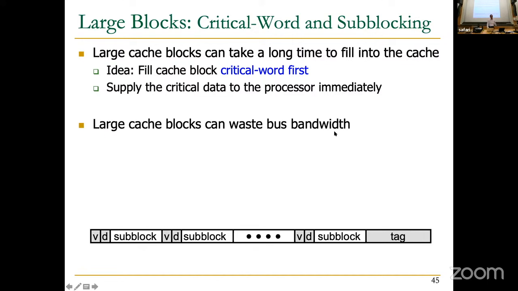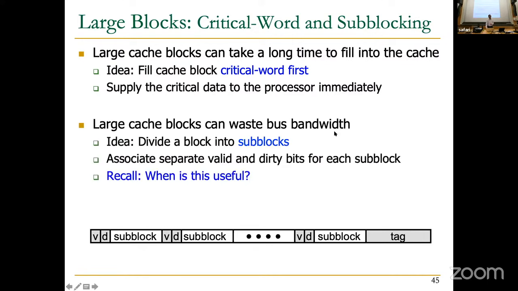But large blocks can waste bus bandwidth, and sub-blocking actually solves this problem partially. Sub-blocking has this advantage, as we have discussed earlier. By associating the valid and dirty bits with each sub-block, you just need to bring the sub-block to the cache. If you're reading a location within the sub-block, you just need to bring that sub-block.